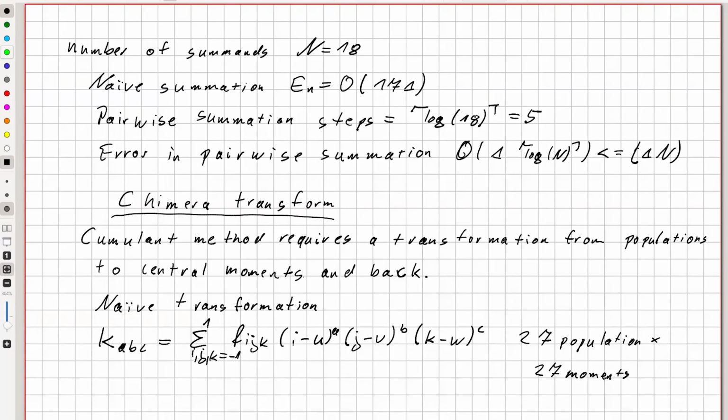So you have to sum over 27 populations, 27 times.